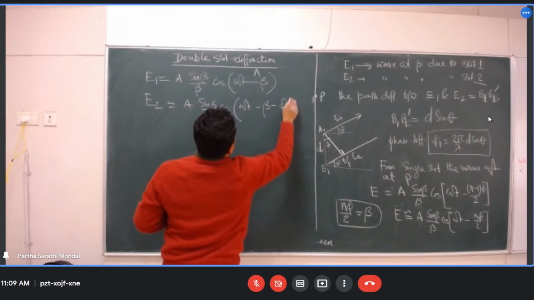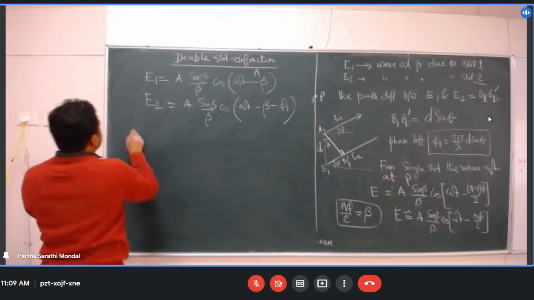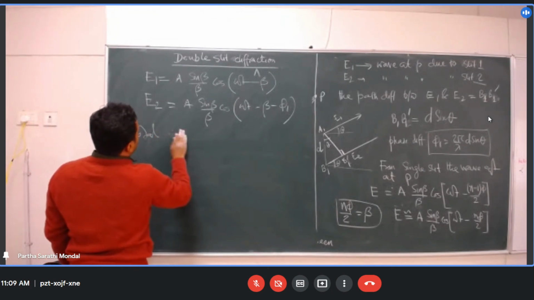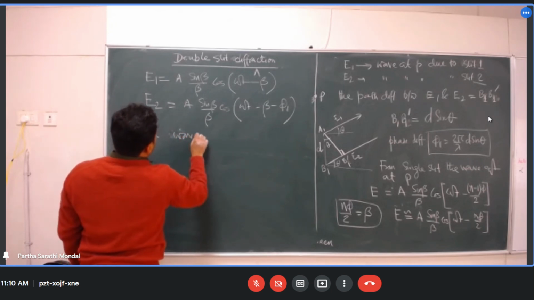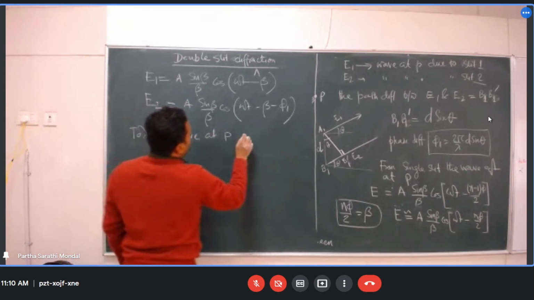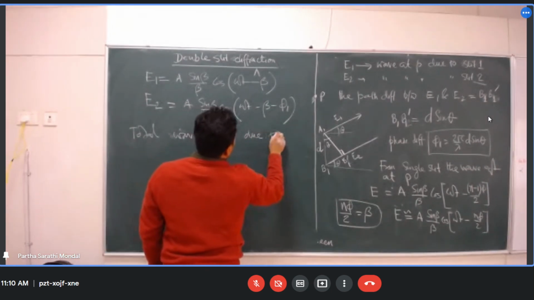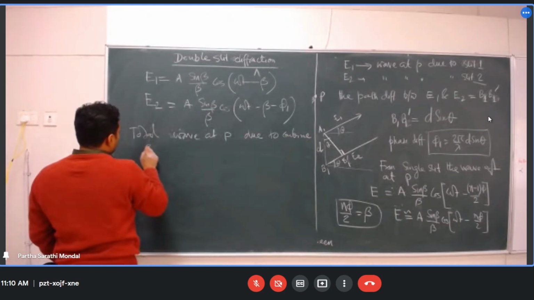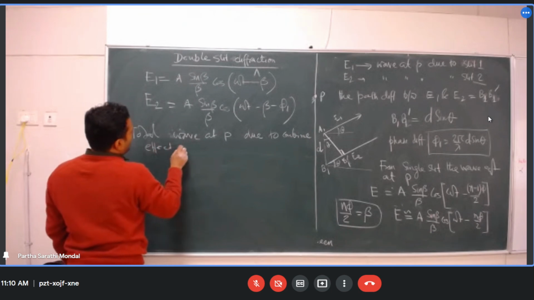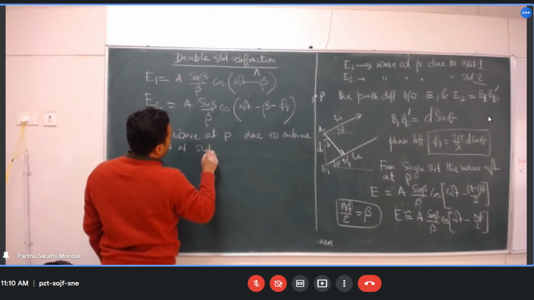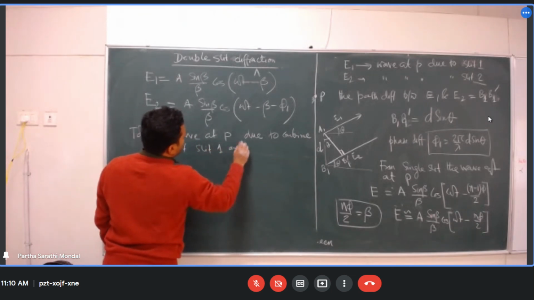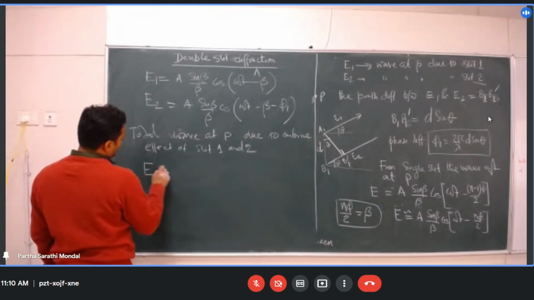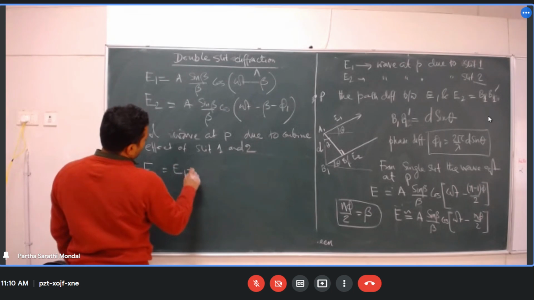So now total wave at P due to combined effect of slit 1 and 2 कितना होगा, just superposition of these two waves, E equal to E1 plus E2.